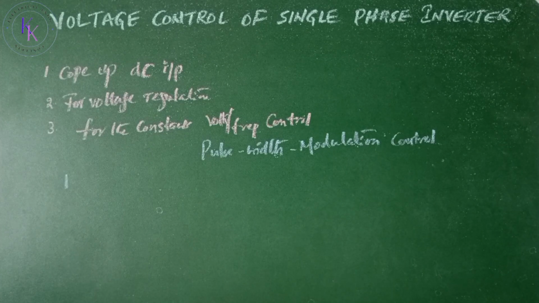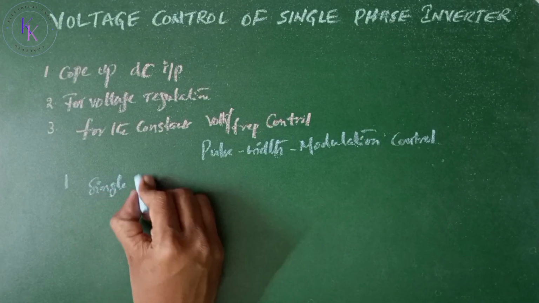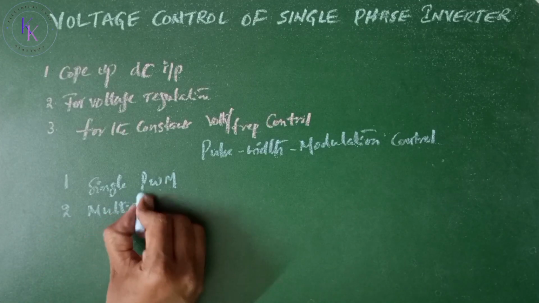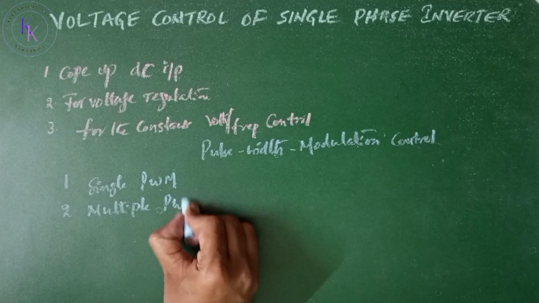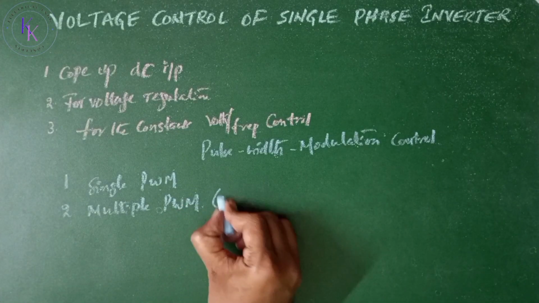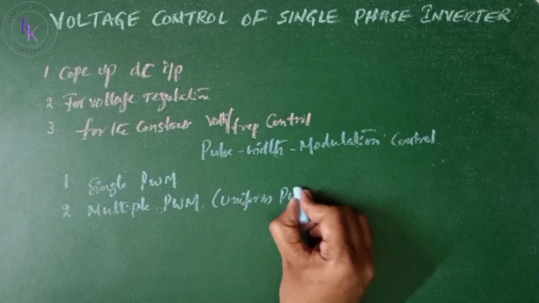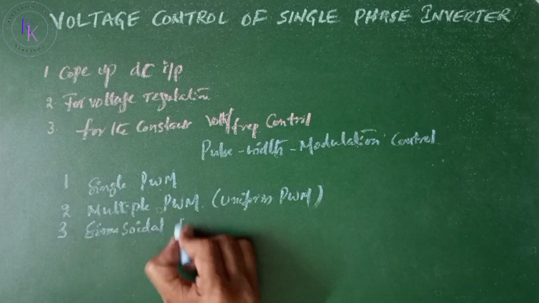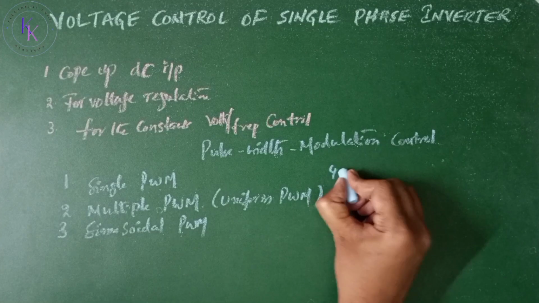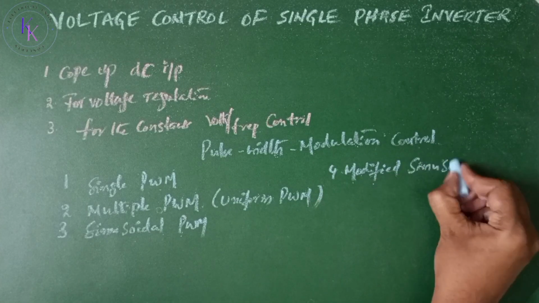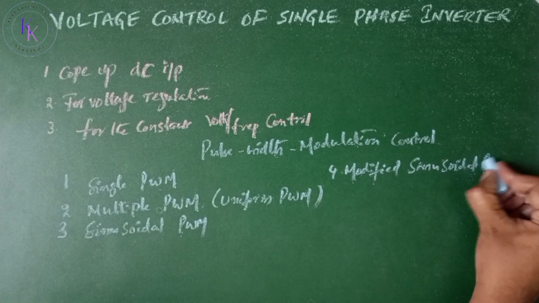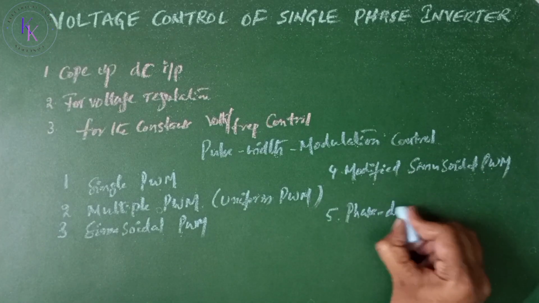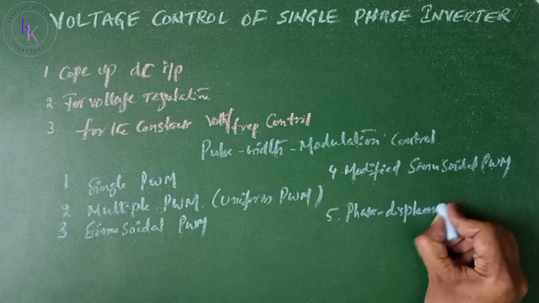The commonly used techniques are single pulse width modulation, second multiple pulse width modulation, also known as uniform pulse width modulation, third one sinusoidal pulse width modulation, fourth one modified sinusoidal pulse width modulation, and finally phase displacement control.